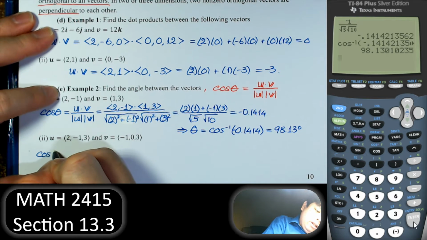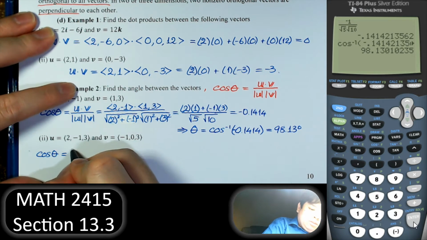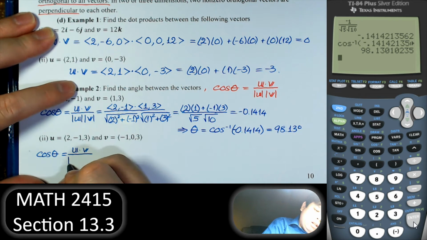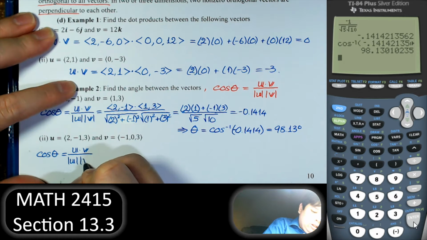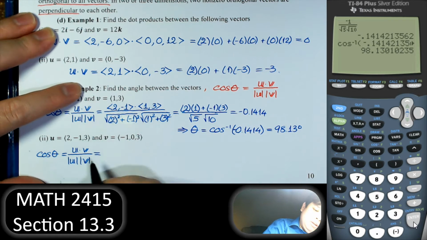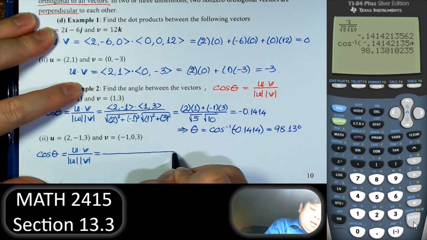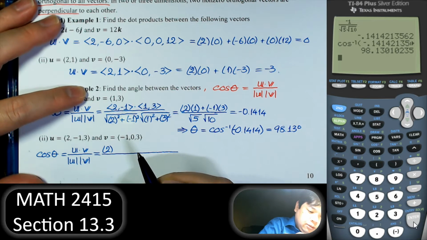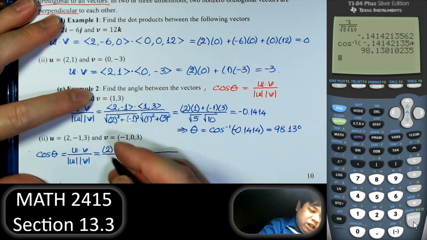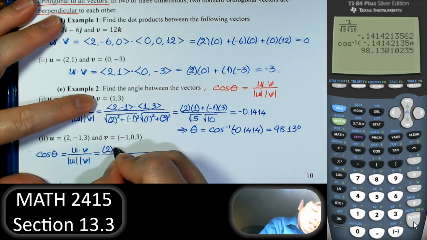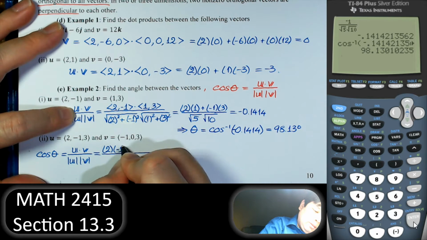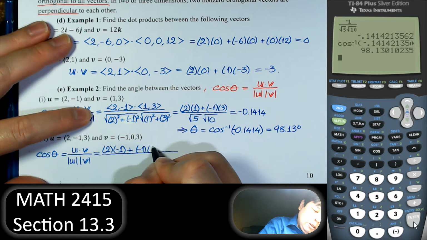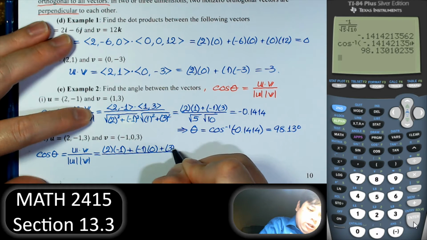The cosine of the angle between two vectors is the dot product over the product of the magnitudes. The dot product: 2 times -1, yeah, just put in the numbers, -1 times 0, and 3 times 3.